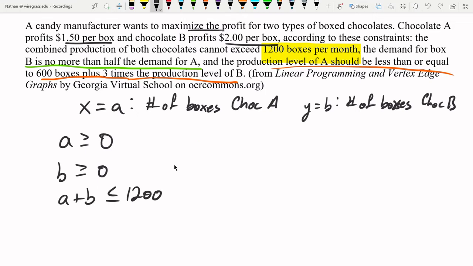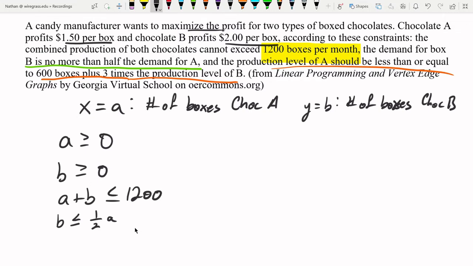The next part says the demand for box B is no more than half the demand for box A. So the number of boxes we're going to produce for box B must be less than or equal to half of that of A, because the demand won't be for more than that, so there's no point in producing more than that. So we're going to make a constraint saying B must be less than or equal to half of A.